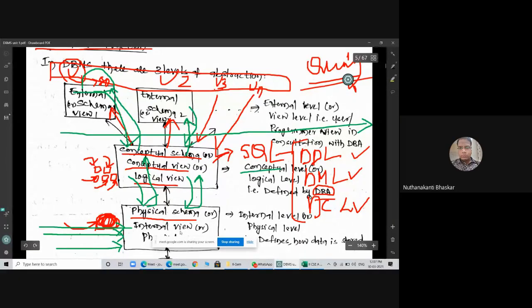Because if it is only the physical schema, we have to search all the people. For example, one customer has come, and you want to clear his complete credit card bill. If I use only the physical schema, what happened? I have to search all the people to find that person. Yes or no? I have to search savings customers, agriculture people, credit card people and gold loan people, all the database.